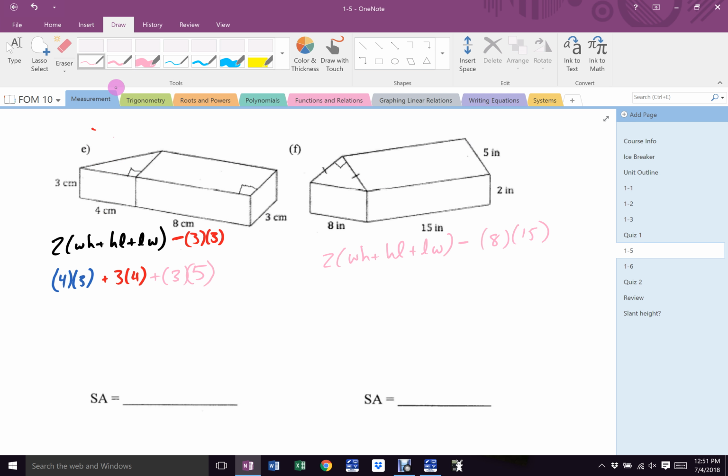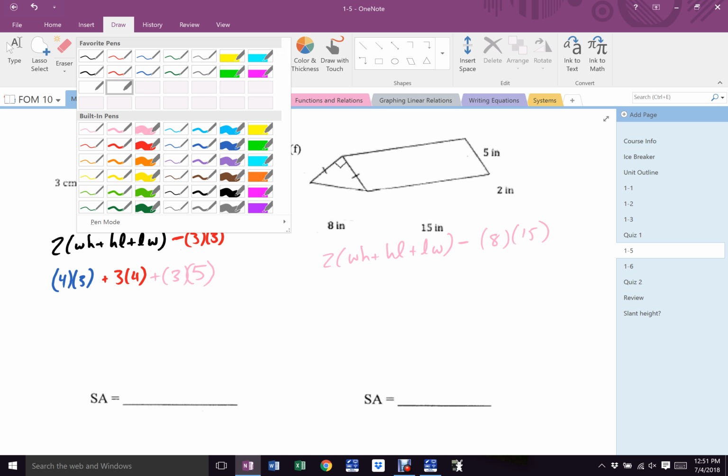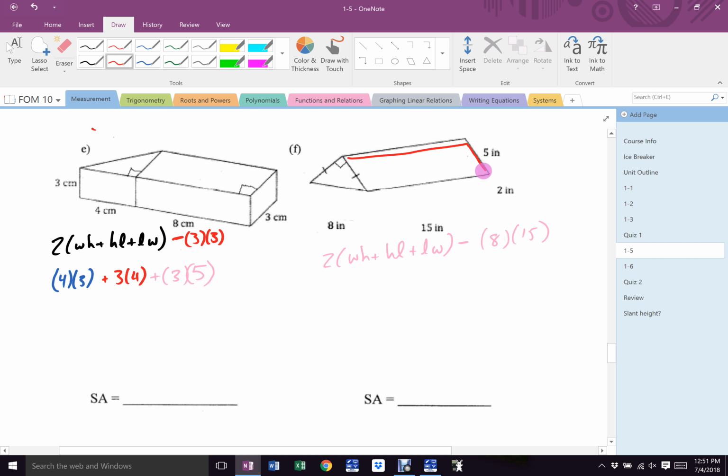Then you're going to look at the top. What's that? What is it? It's a rectangle. And there's 2 of them. So it's just L times W times 2. What's this? It's a right triangle. And there's 2 of them, correct? So there's going to be another one of them right here, right? 90 degrees, and those are going to be the same sides.